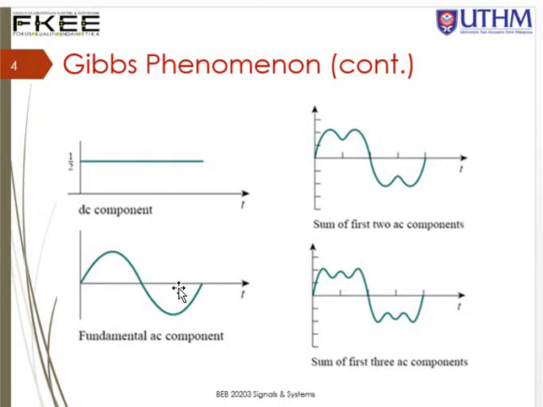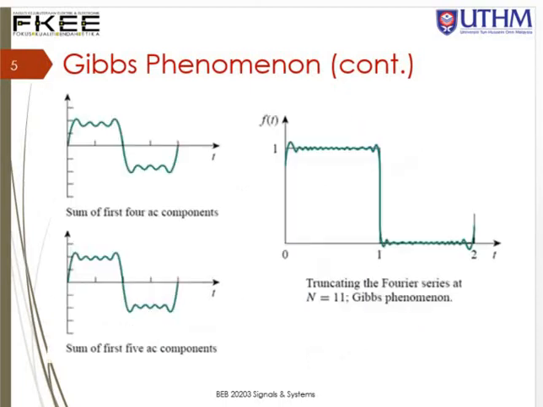You combine two, you get this one. You combine three, you get this one. What if you have more? This one has 4 AC components, this one is 5. When you get more AC components, it nearly goes to the original signal, which means that it's a square wave.